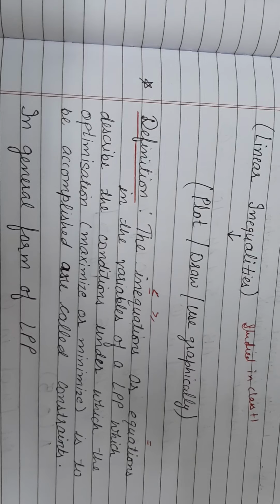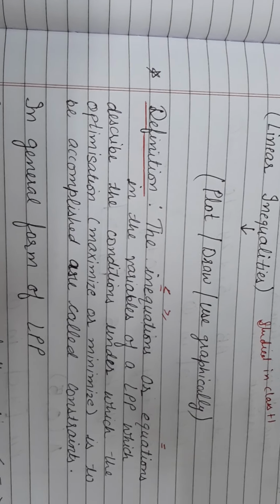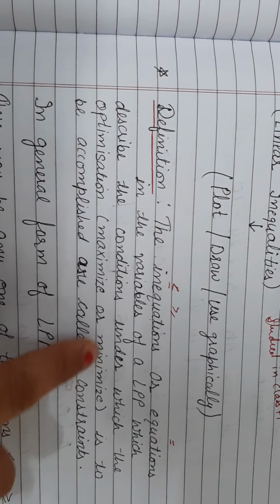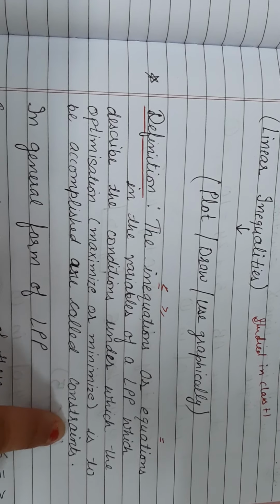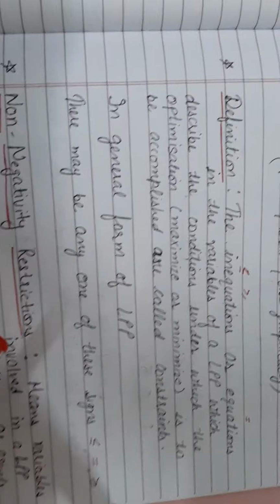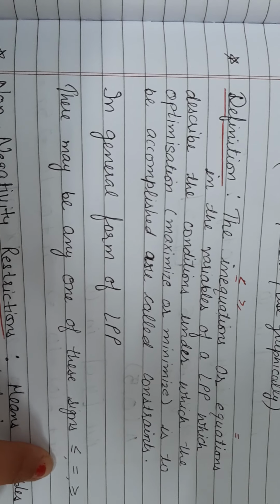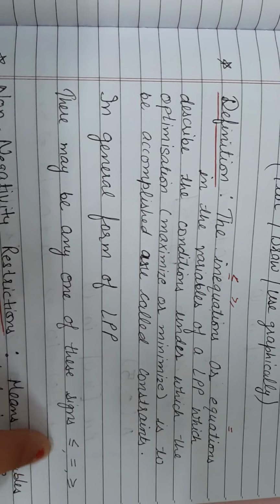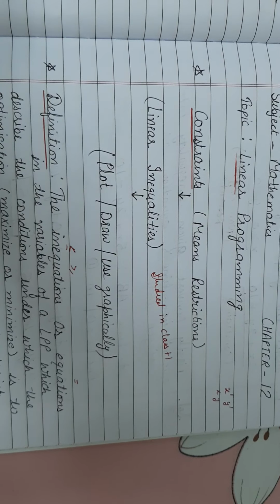There would be some restrictions, and according to those restrictions they have to do their work. These are called constraints, and in a general LPP these signs must be less than or equal to, greater than or equal to, or equal to.